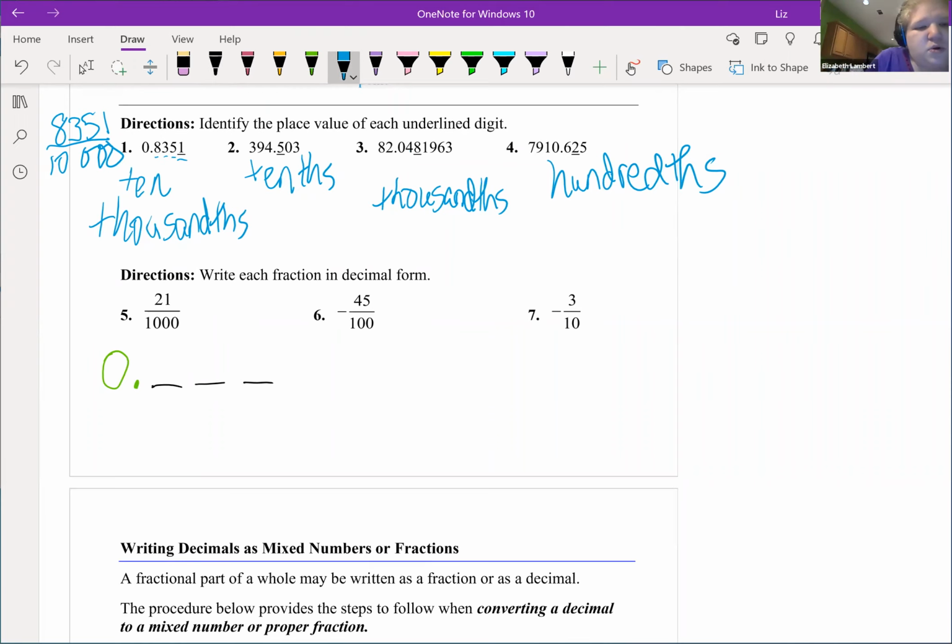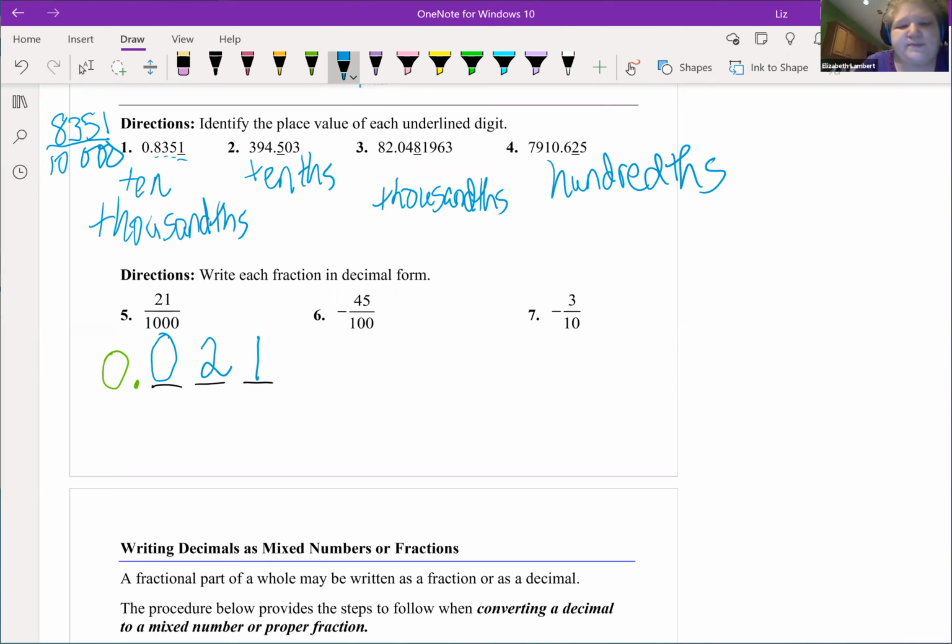And now we fill it in starting with the digit on the right in the rightmost position, the one that we're using as the name. So since this is thousandths, the 1 goes here, the 2 goes there, and then because we don't have another number, I can always write 21 as 021, because for the decimal, I need that 0 as a placeholder, so it doesn't look like 21 hundredths, it looks like 21 thousandths.